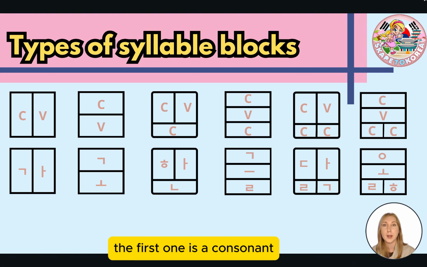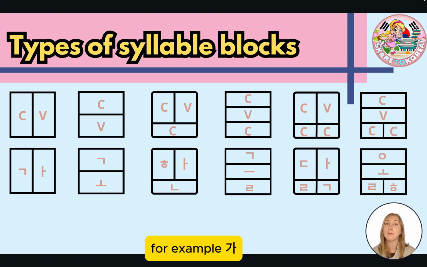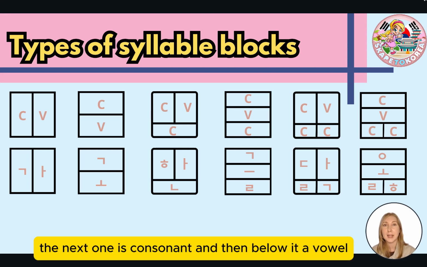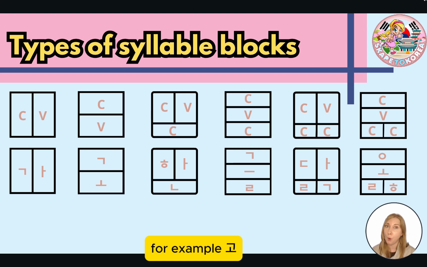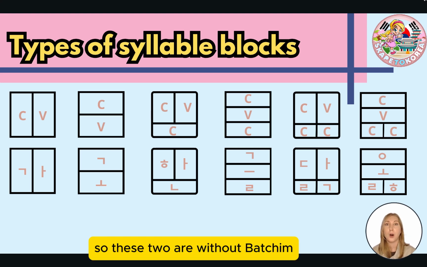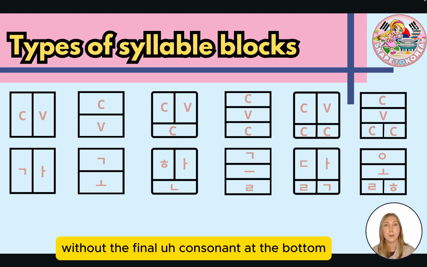The first one is a consonant and then a vowel next to it, for example, ka. The next one is consonant and then below it a vowel, for example, ko. So these two are without Batchim, without the final consonant at the bottom.